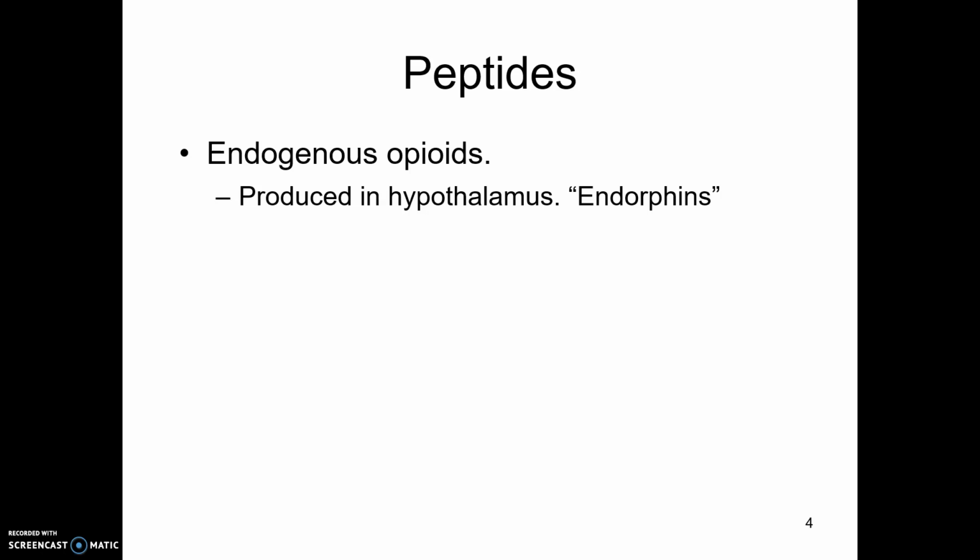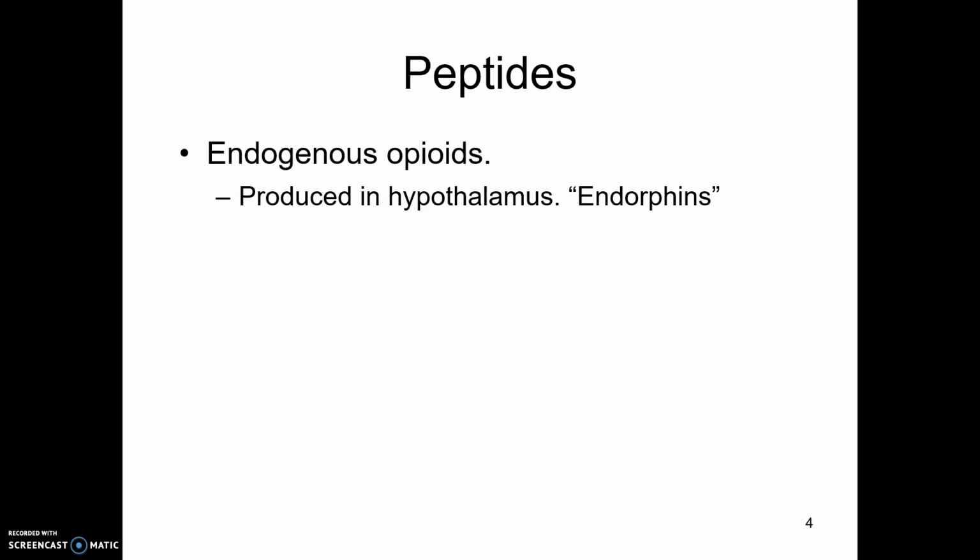So opioids are one of the neurotransmitters that can have both excitatory and inhibitory effects. Remember that whether something is excitatory or inhibitory depends on what ion channels are opened. If it opens something like sodium, it's going to be excitatory. If it opens something like a chloride or potassium channel, it's probably going to be inhibitory.